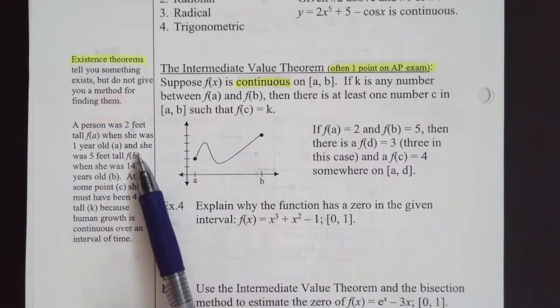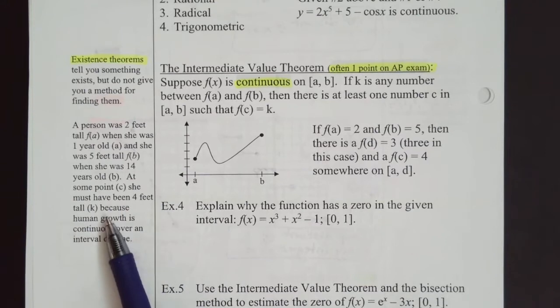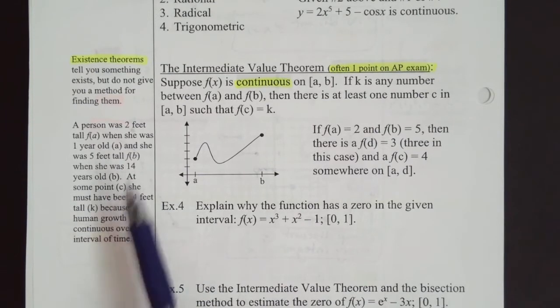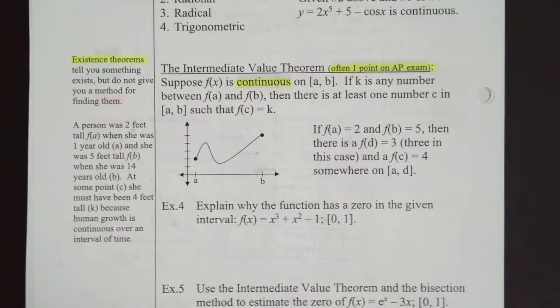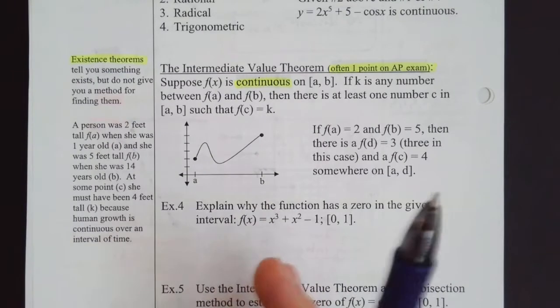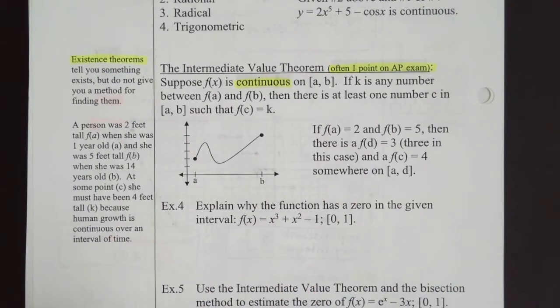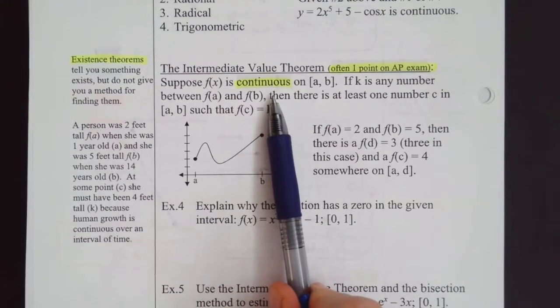And she was 5 feet tall when she was 14. That means at some point in between there, she had to be 4 feet tall. She couldn't have skipped over any heights in between 2 feet and 5 feet. Intermediate means in between. The intermediate value theorem says you have to have all the values in between if you are continuous.